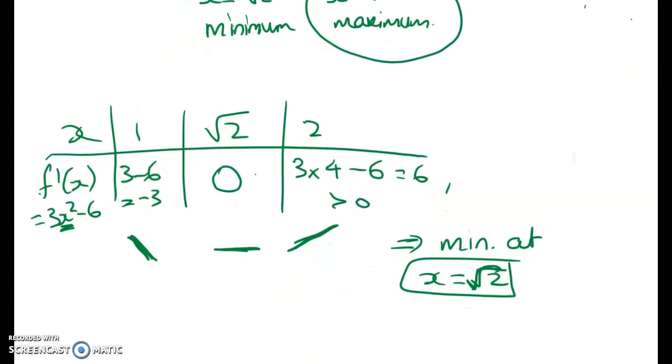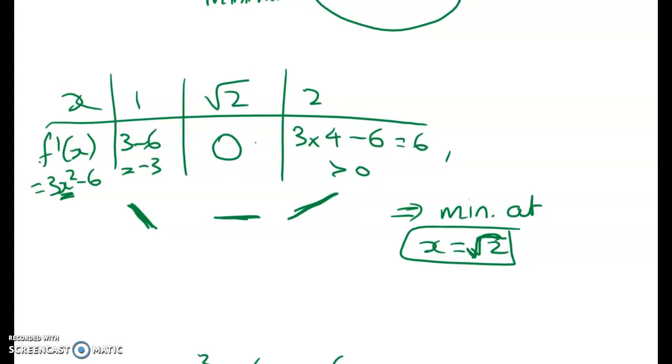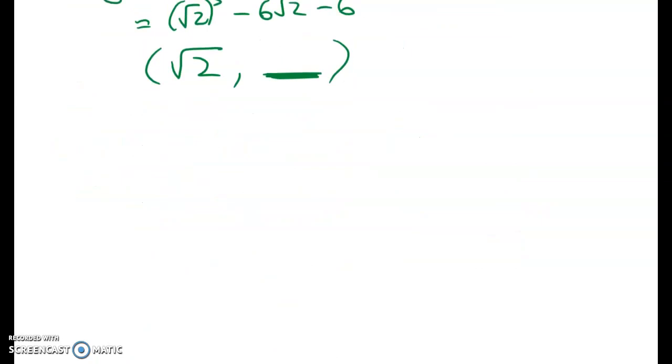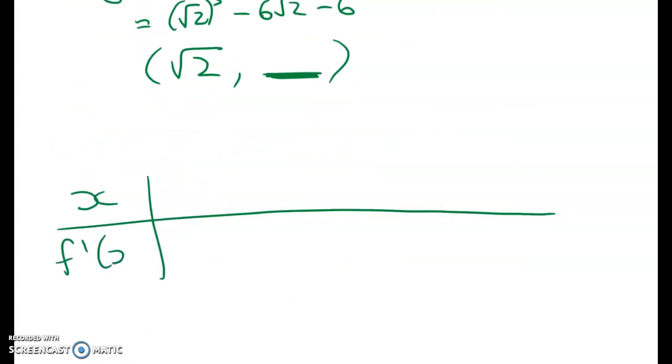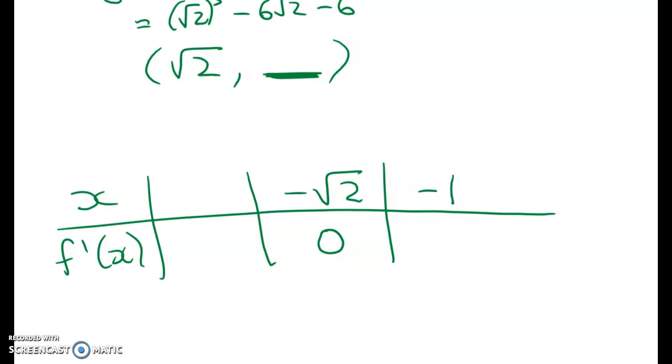Now we need to go on and do that table again, but this time we're doing it for negative root 2. So just be really careful when you're working with negative numbers. So we've got x, and then we've got f dash of x. We're going to have the value where the gradient is 0. Then we're going to pick a number a little bit above that, so negative 1, and a number below it, negative 2.